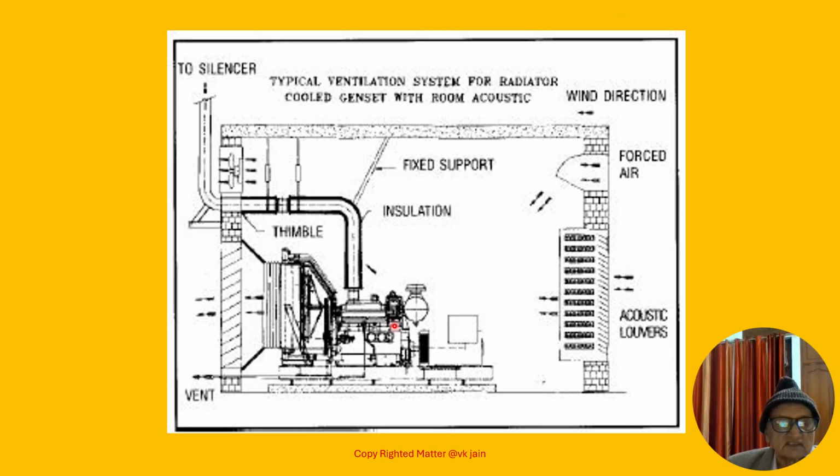Friends, this diagram shows an elevational view of the diesel generating room. In this, there is a diesel generating set, and it is provided with a cross ventilation system, and these are the louvers provided in the side wall of the diesel generating room, and at the top an exhaust fan is also shown.